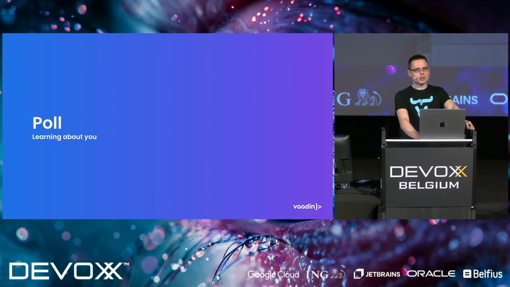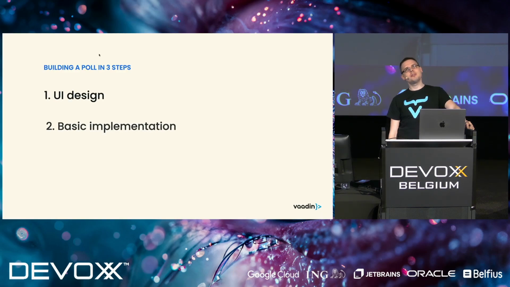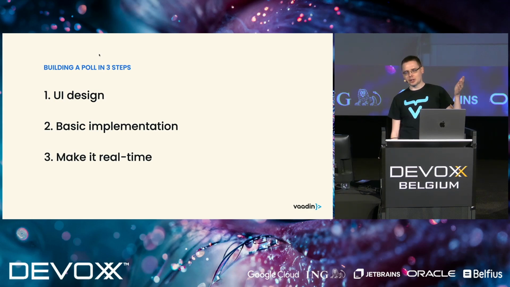I would say to build any real-time updated application, including this poll, there are 3 basic steps. First, there's the UI design, because you actually need to take real-time updates into account a little bit, not too much. Then I suggest you continue with a really simple, stupid solution, not thinking about real-time updates at all, just building it as though there wouldn't be any other users, no updates from the server, nothing.